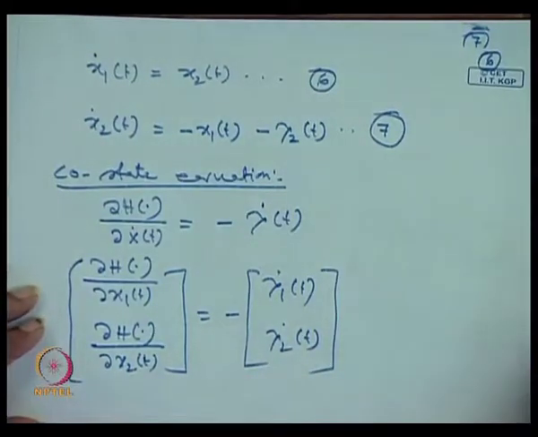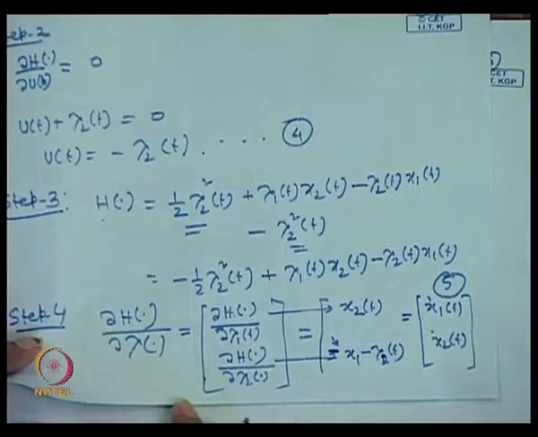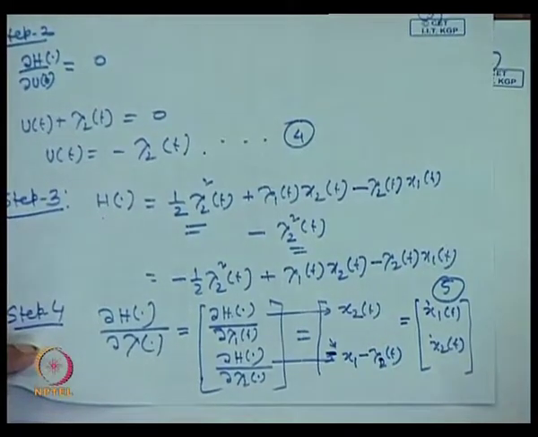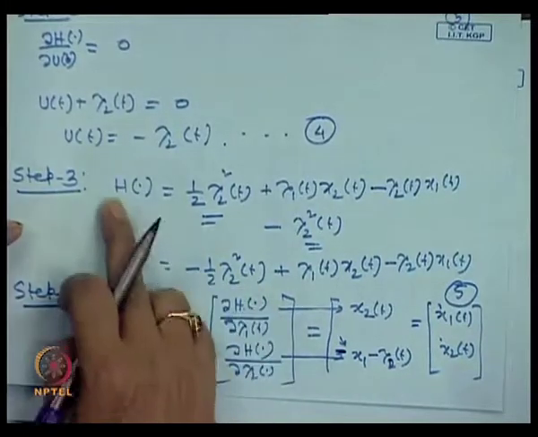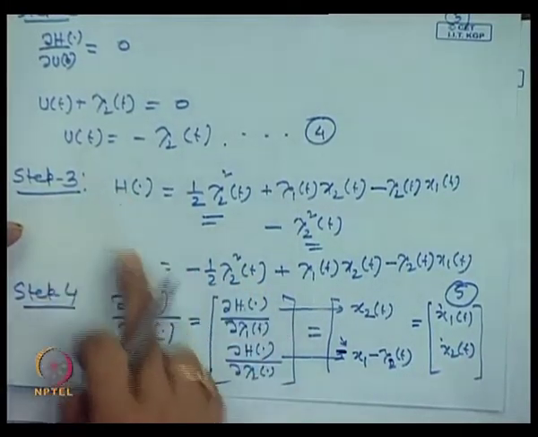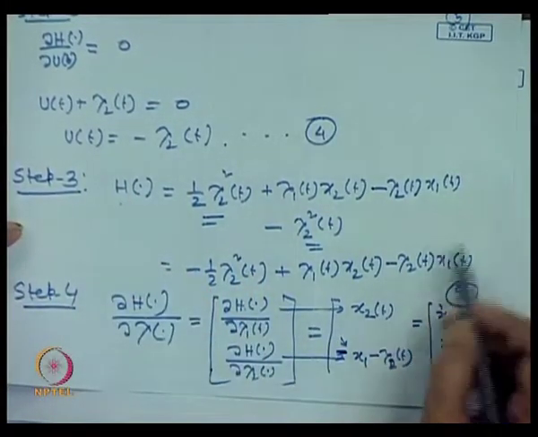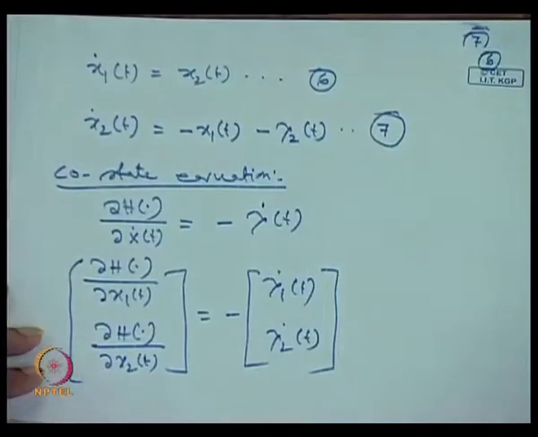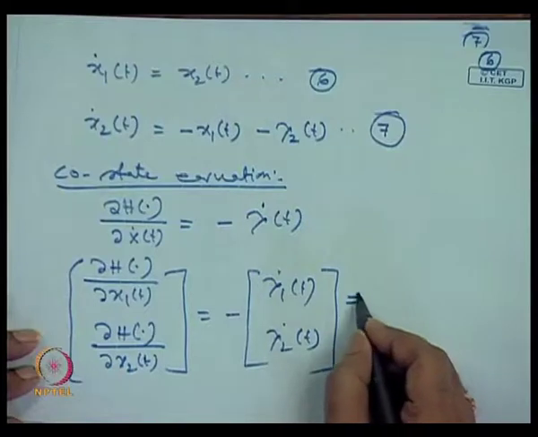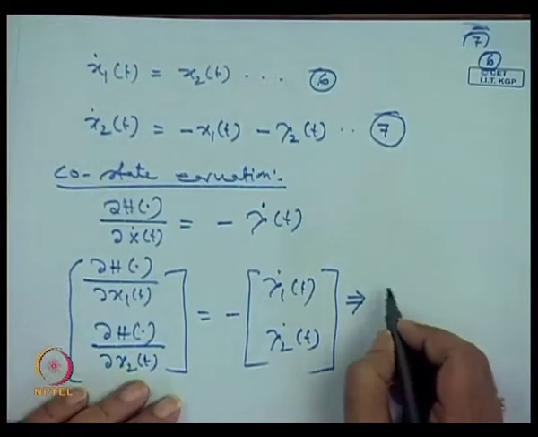Now you differentiate H with respect to x1. The x1 term is there, so only lambda2 remains.